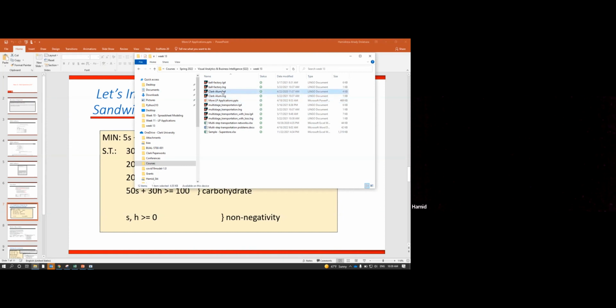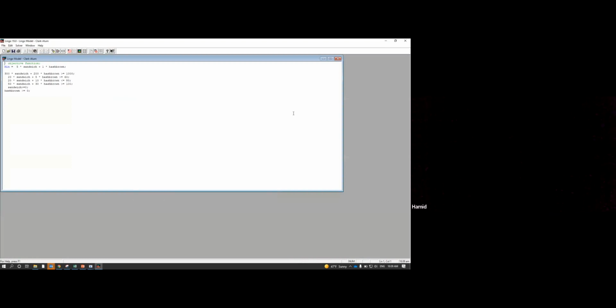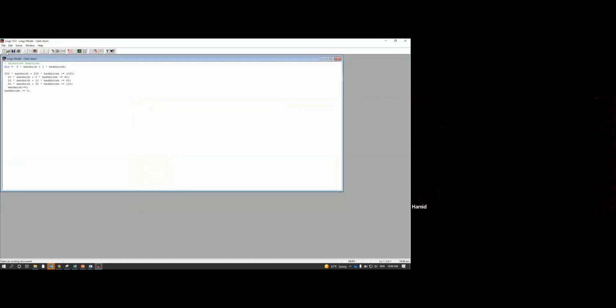If you click on it, this window will pop up. Or here, just click on open and browse to the file that you have. The open button is this yellow folder.